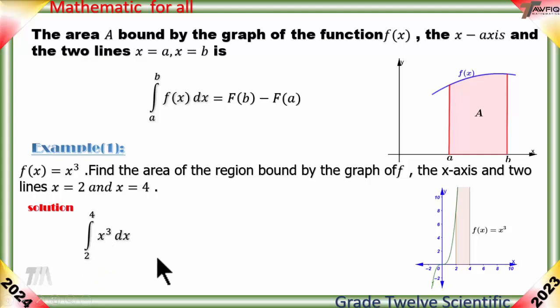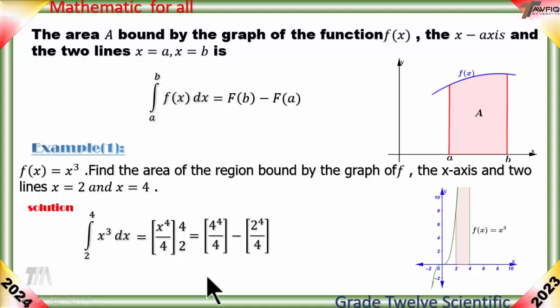And now we are taking the integral of x cubed by adding 1 to the power and dividing by the new power, which equals x to the power 4 over 4, from 2 to 4. First of all, use the upper limit, which is equal to 4, and substitute it in place of x.